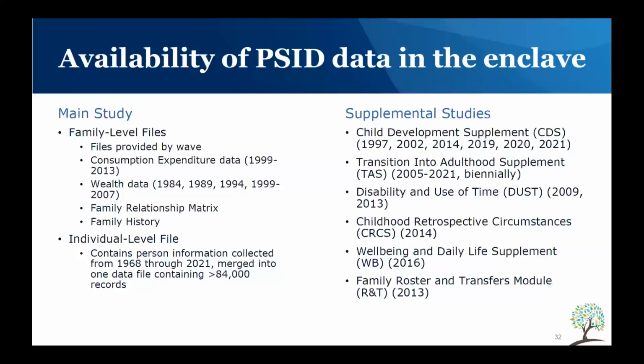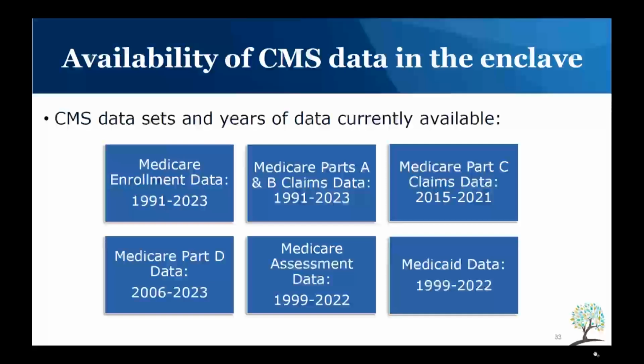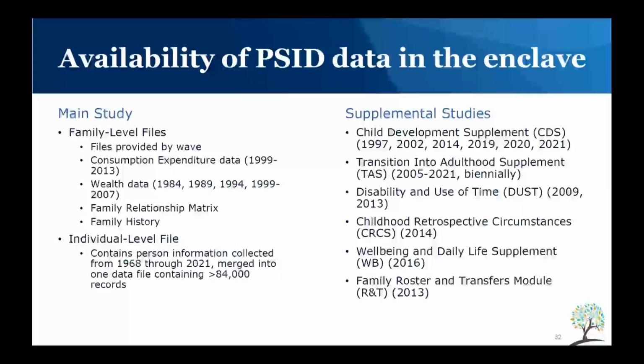That actually includes other cognitive information for those who are interested, and that was collected in 2016. And then the family roster and transfers module has rich information on intergenerational transfers from parents to children, from children back to parents, and that was last collected in 2013. And some of these data are collected again periodically if you're waiting for more recent data or interested in looking at that. Next slide.